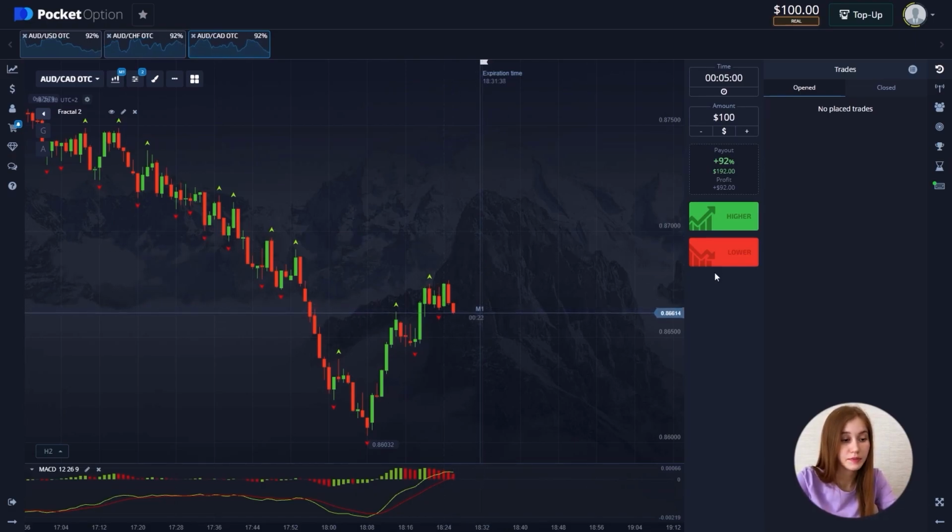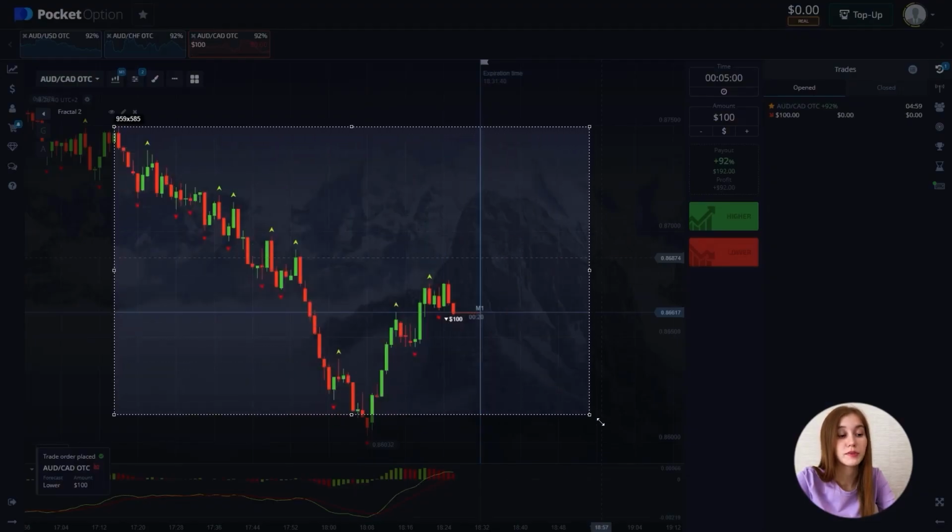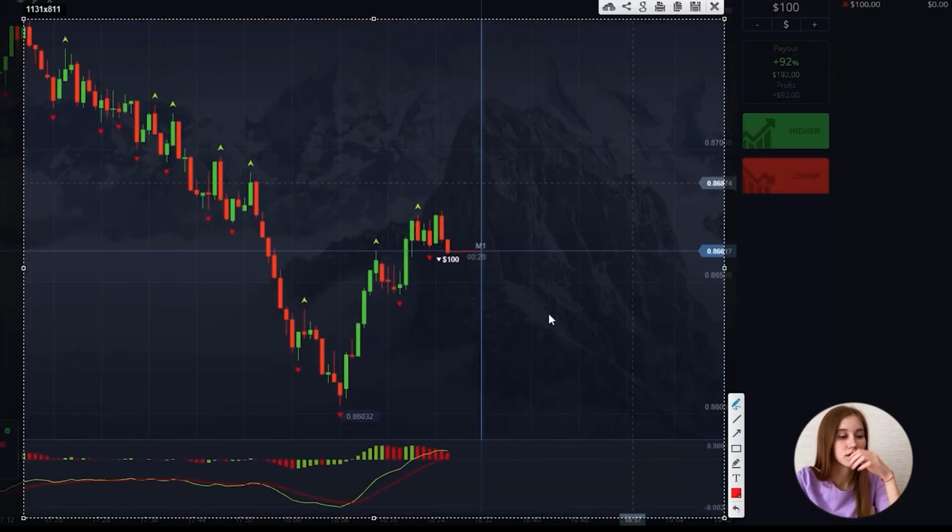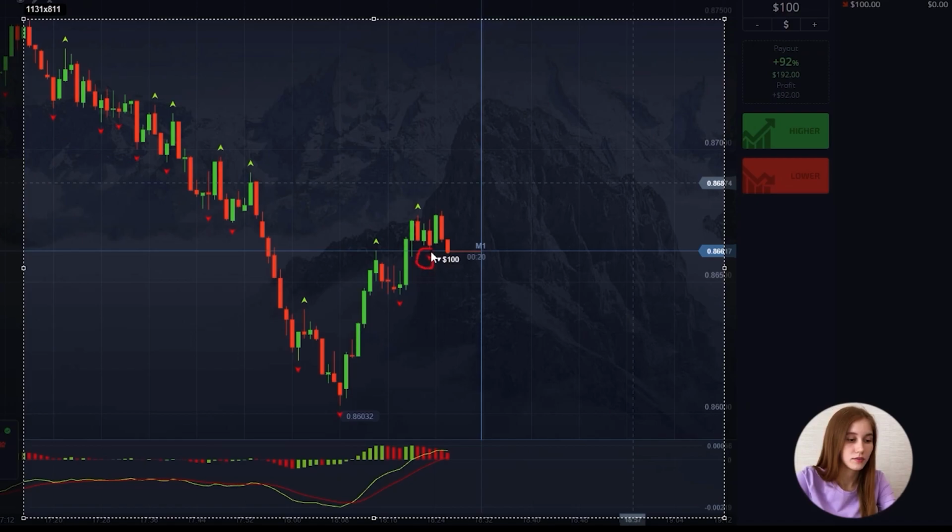As we see, the fractal was updated down, the last one before opening the deal, but we see that we have already passed 2 candles. A high candle has appeared here. If another candle appears below, here we'll update the fractal up.